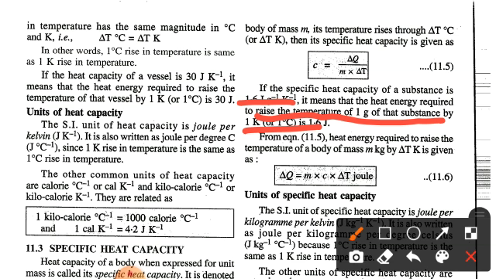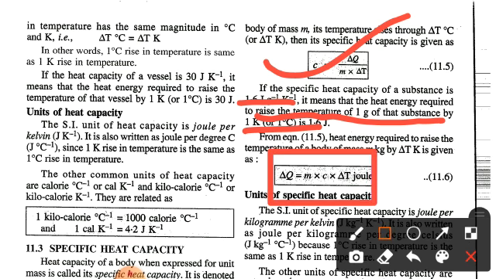This is equation number 11.5, and from this equation, the heat energy required to raise the temperature of a body of mass m kg by delta T Kelvin is given by delta Q equals m c delta T joule. I hope it is clear.